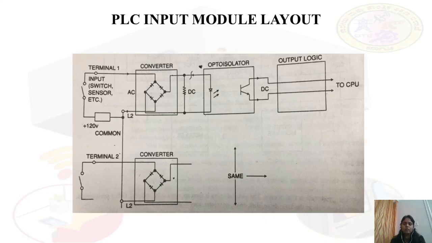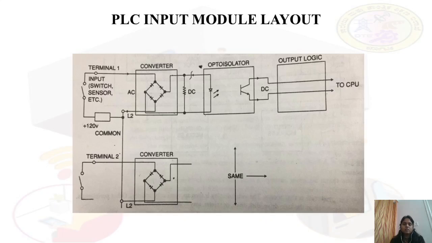As I already told you, first your input module will sense the signals. It will read the signals from your sensors or switches, and then those signals will be stored in the memory. In the memory, you will have your RAM, the input image files, as well as the output image files.